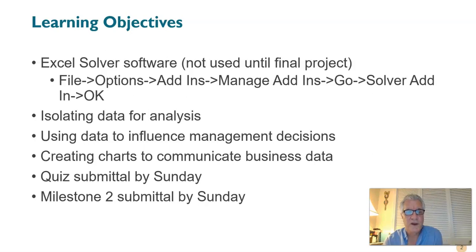Then you'll be creating charts to communicate business data, which we also did in Module 3 when we created pie charts and bar graphs that showed the result of the pivot tables in a presentable format. Of course, this time we'll need to make sure that we label the axes and label the chart, so if you were showing it to someone else, it would be obvious what the chart means by having all the data labeled.